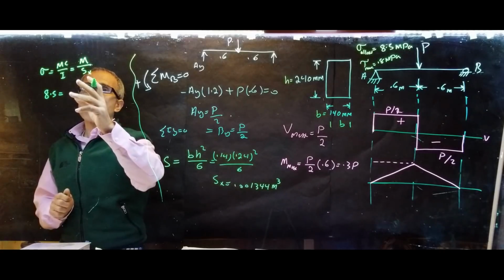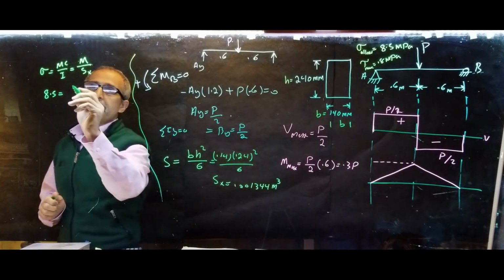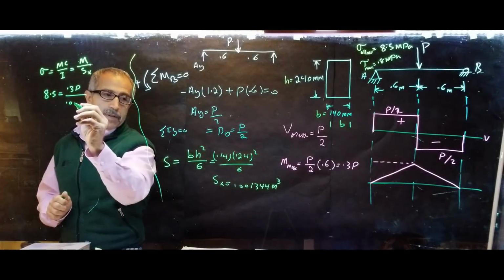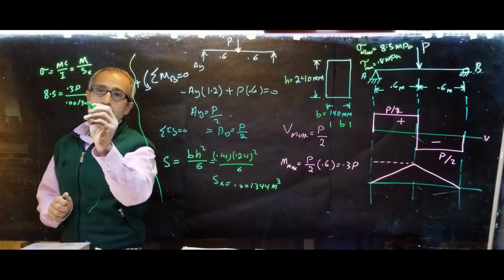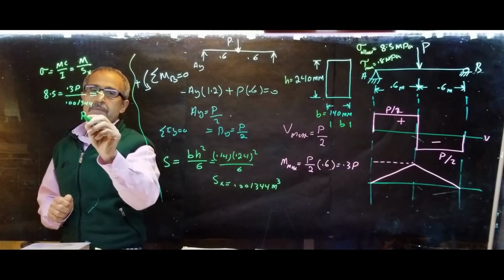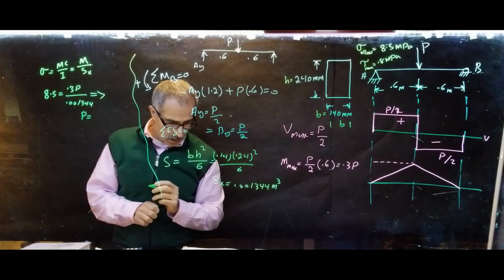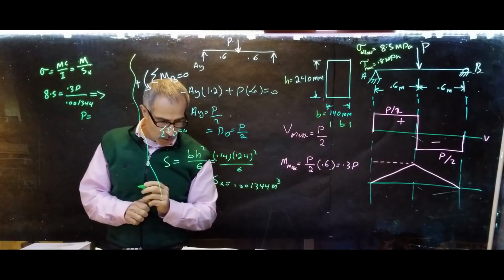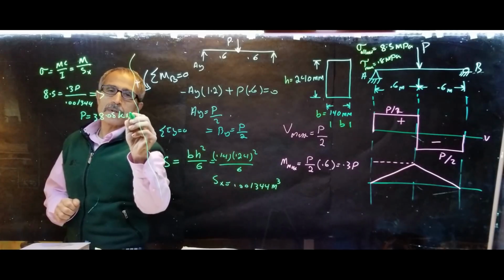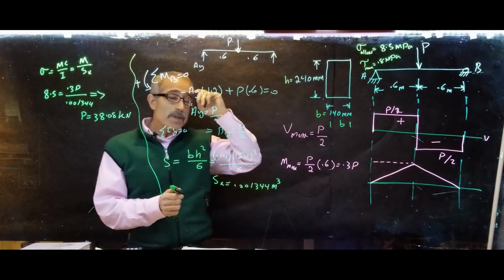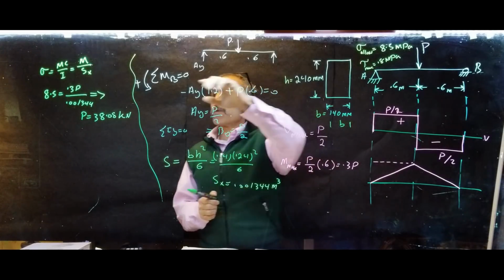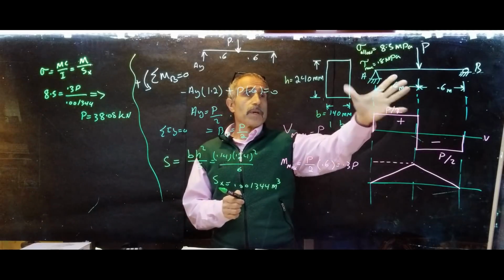The maximum moment came out to 0.3P, divided by 0.001344. When you calculate that, watch out for your units. P comes out to 38.08 kilonewton. So what we did, we used the stress. We know the stress is equal to MC over I, or M over S, and this way we found P. But that's one way.